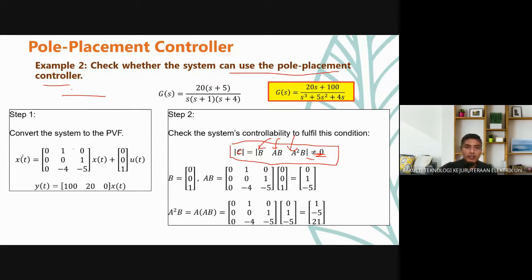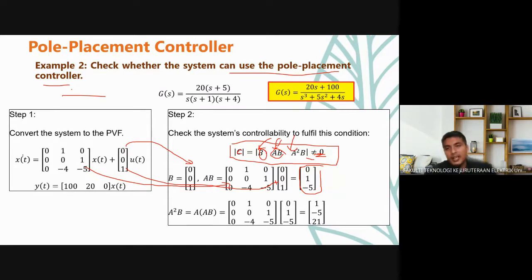From step 1 or the question, the B matrix is given. You already have the B matrix. Now you need to calculate the AB matrix. You just take the A matrix, multiply it with the B matrix, then you get this answer. Okay, you already have the AB matrix.